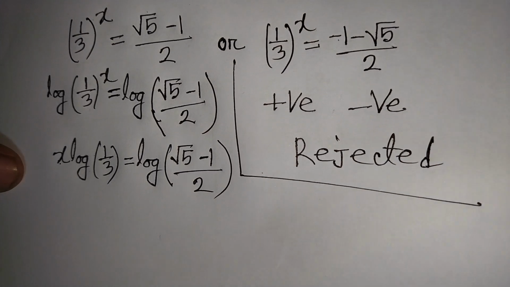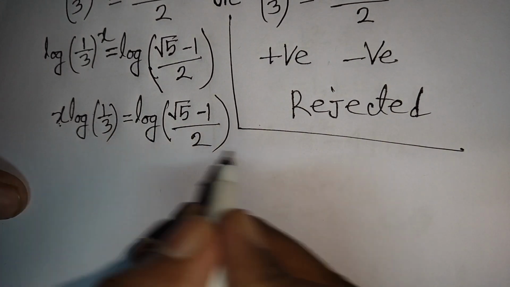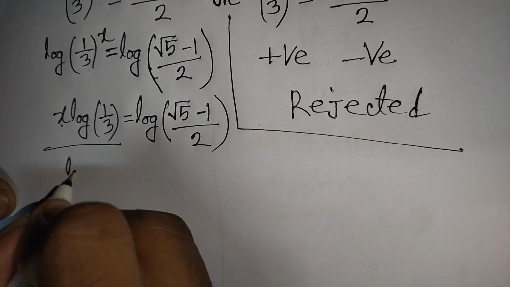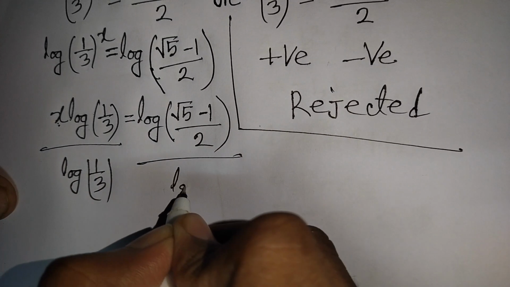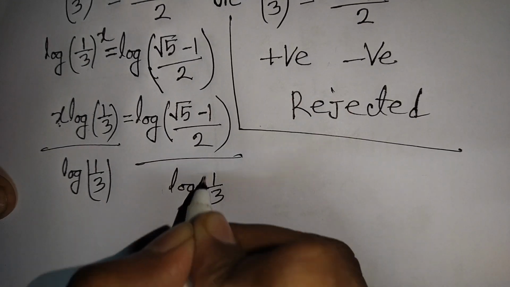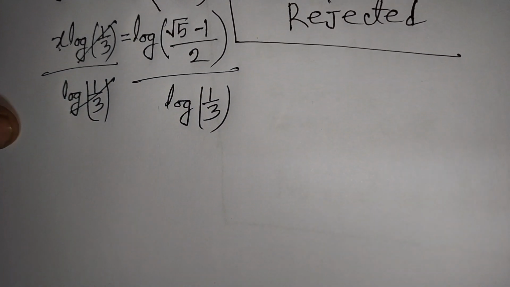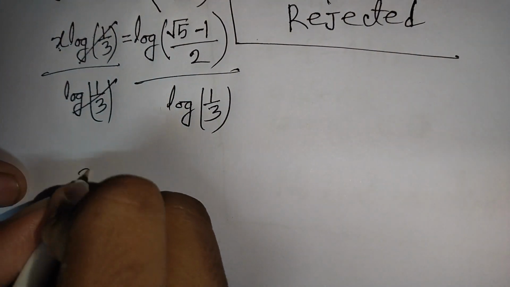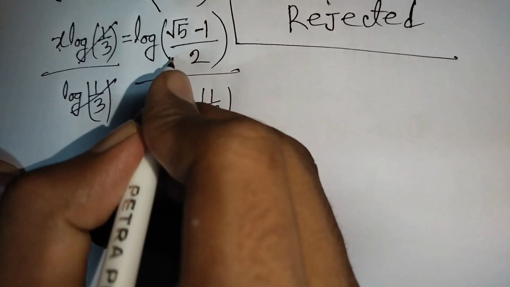Now we need the value of x, so divide by log of 1 by 3 on both sides. So this log of 1 by 3 and this log of 1 by 3 will be cancelled. So we have x is equal to this divided by this.